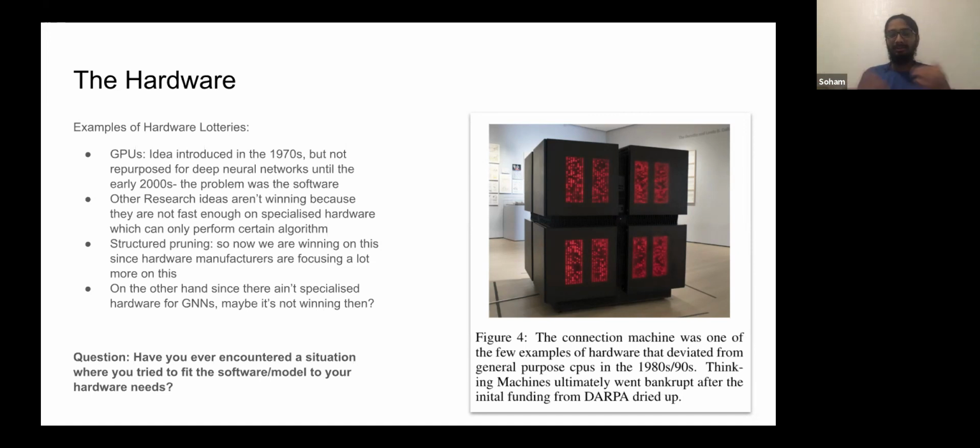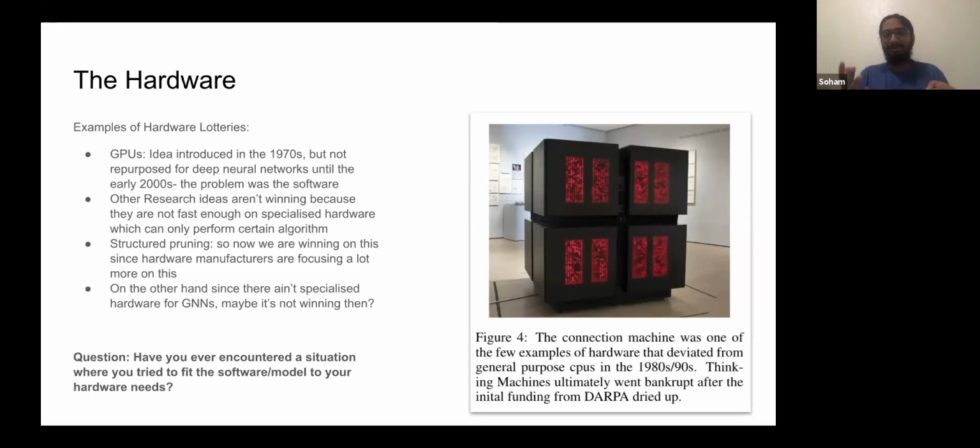That's also another hardware lottery. Even though right now more GPUs and CPUs are supporting pruned operations, until a few years ago it wasn't there, and so the hardware lottery was against pruned networks.